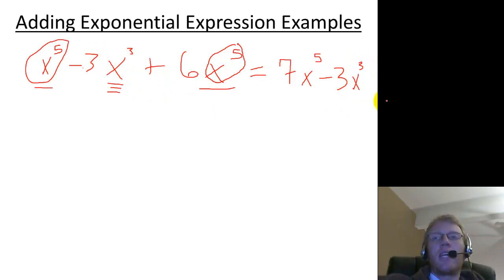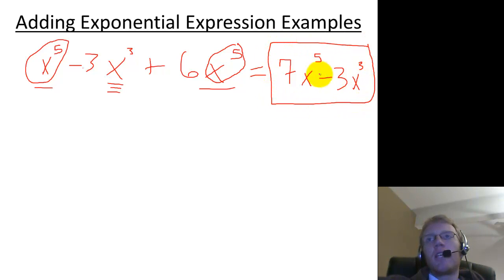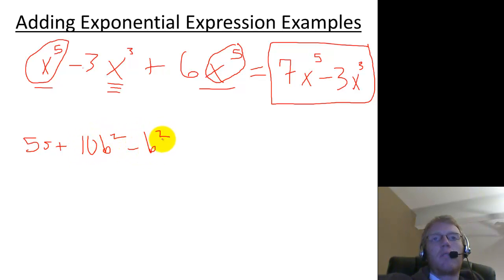So this one I cannot combine with this one because this one is x to the fifth and this one is x to the third. So my final answer is just going to be like that, keeping these two separated. Okay, how about 5s plus 10b squared minus b squared plus 6s. Okay, 5s plus 6s.